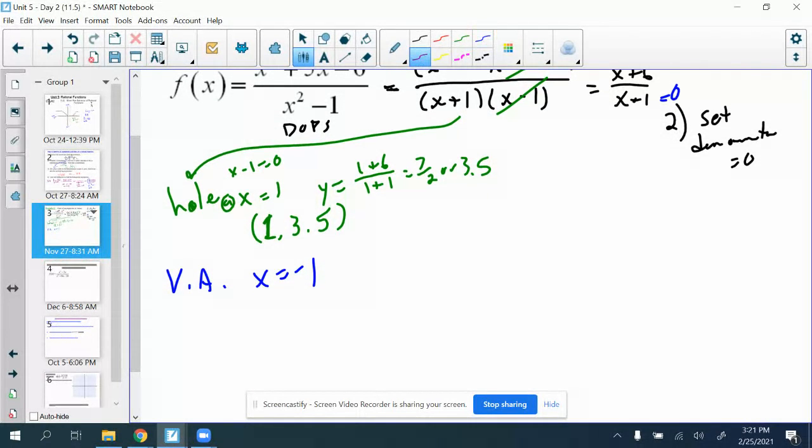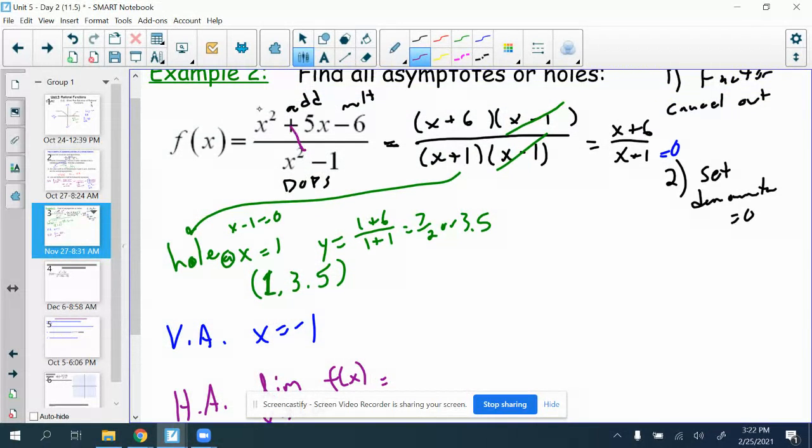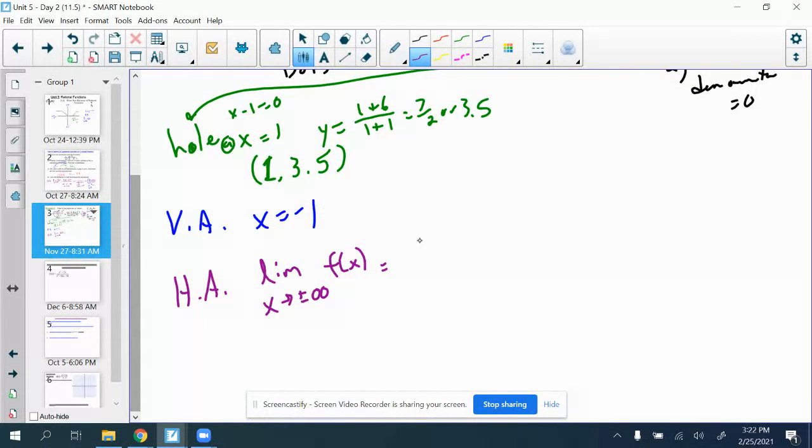The last thing that I would do is see if there's any horizontal asymptotes. So if I'm writing it out, I have to write the limit as x approaches positive or negative infinity of f of x. And we learned that we can compare the highest exponents either on the original or on the simplified version.